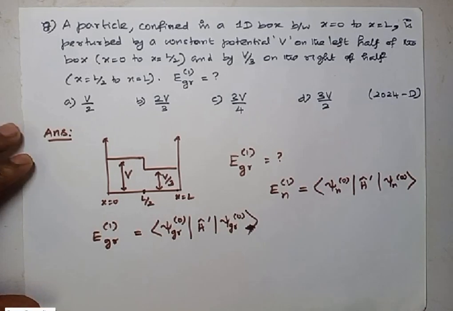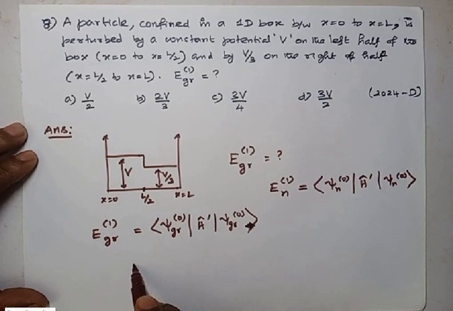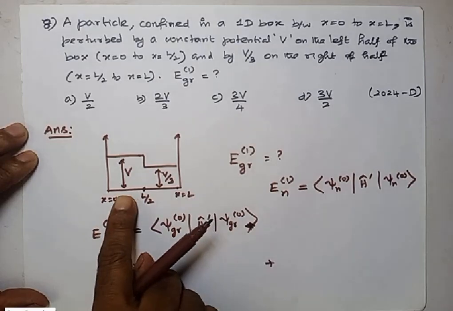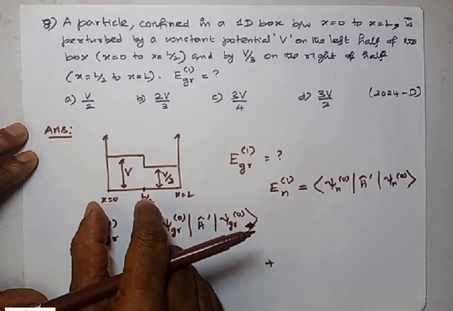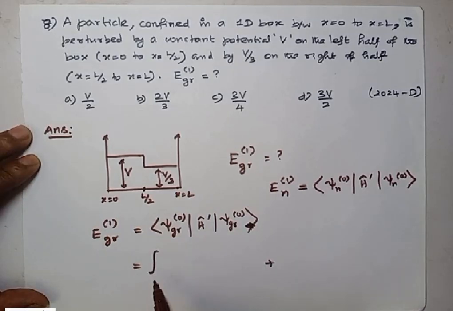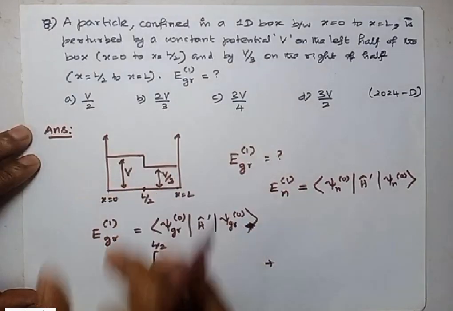I'll write the formula once, then split it into two integrals: one from 0 to L/2, the other from L/2 to L. So the integral from 0 to L/2 is for the left half.